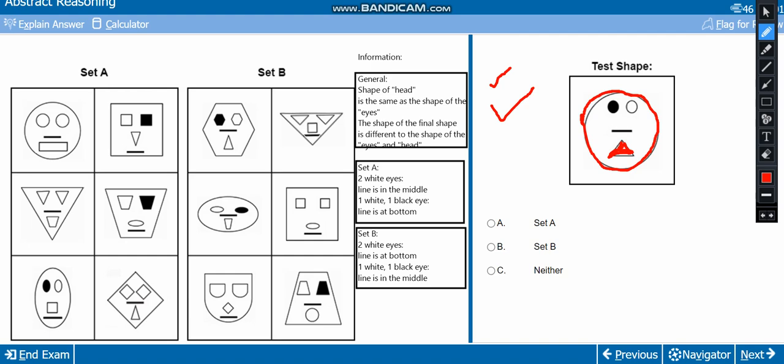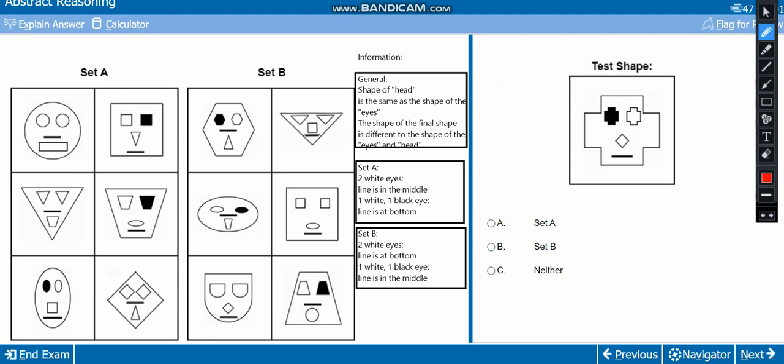And we can see we have one black eye, one white eye, and the line is in the middle. And following the rules of set B, we have one white and one black eye. We should expect the line to be in the middle. This test shape follows that rule, so therefore our answer is set B.